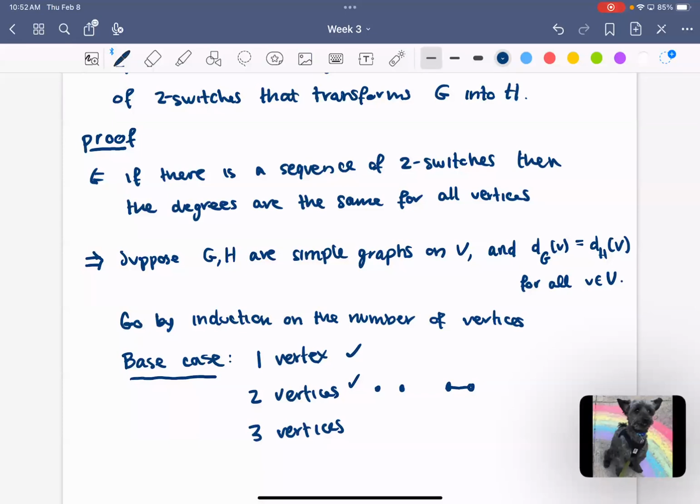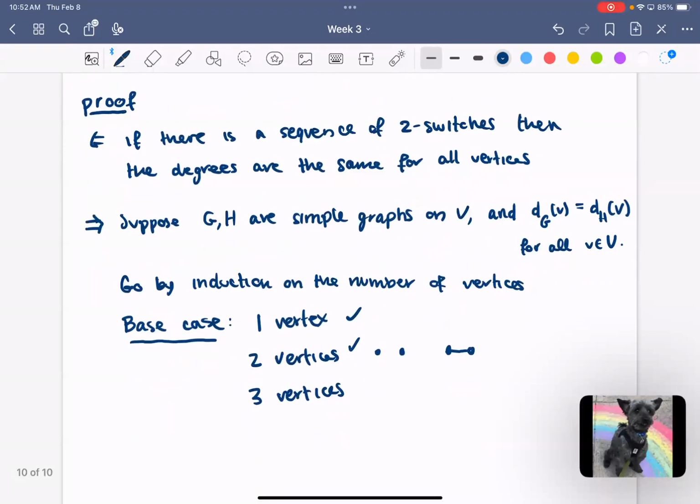And then for 3 vertices, similarly, you only have one isomorphism class of graph with each degree sequence, right? So we only have this guy and then one edge and then those 2 and then these 3. So those are the only choices. So if G and H have the same degree sequence, then they have to just be isomorphic. So no two switching necessary. Are there questions about the base case?